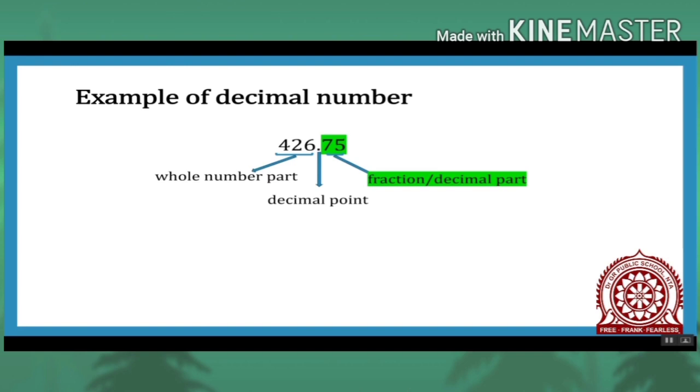After the decimal point, the number is 75, whose digits are 7 and 5. 7 and 5 are the decimal part. So, a decimal number may contain these three parts: whole number part, decimal point, and decimal part or fractional part. All three parts are optional. A decimal number may have only one part of it, or two parts of it, or all three parts of it.